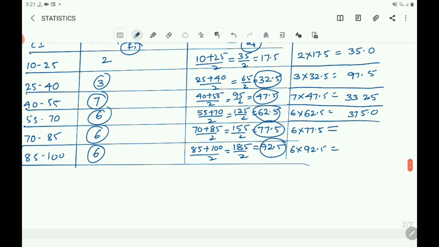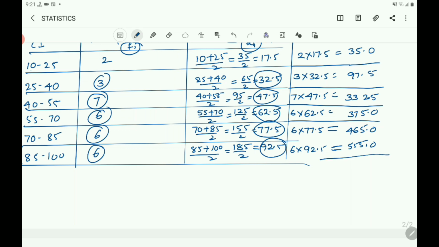Then again 6 into 77.5: 6 into 5 is 30, 0 and 3, 6 into 7 is 42 plus 3 is 45, 6 into 7 is 42 plus 4 is 46, so 465. Next, 6 into 92.5: 6 into 5 is 30, 3, 6 into 2 is 12 plus 3 is 15, 1 carry, 6 into 9 is 54 plus 1 is 55.